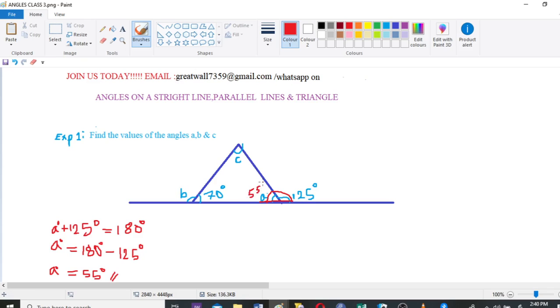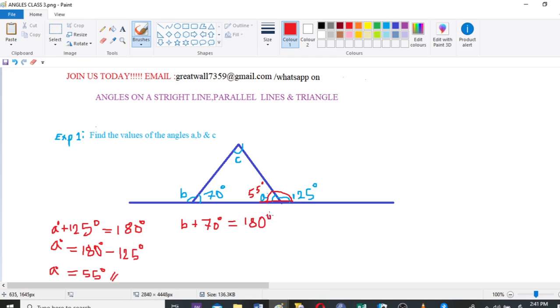Okay, right, now let's calculate for B. We use the same reasoning. We know if we add B plus 70, this should give us 125 degrees. So B will be equal to 120. Sorry, that was a mistake here. It should not give us 125 but 180. Sorry for that.